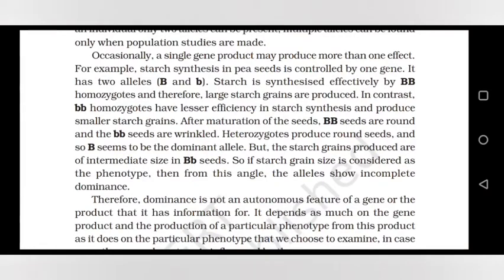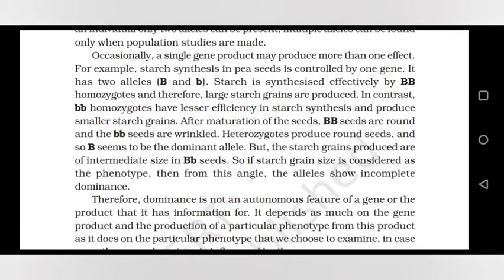In contrast, when it is small b, fewer starch grains are produced and they are very small. As a result, the size of the seed becomes very small and its shape becomes wrinkled. But in the third case, that is capital B small b, in heterozygous state, intermediate size of starch grains are produced. As a result, the size of the seed is also intermediate and its shape is round.